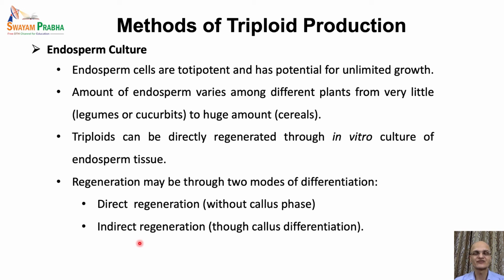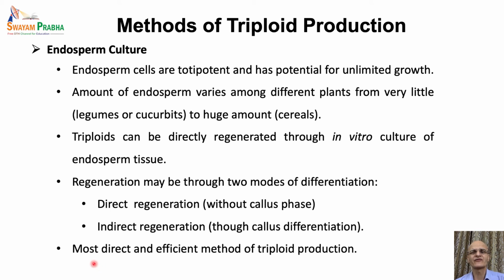That is, it follows the indirect mode of regeneration. And from immature endosperms, both types of regeneration pathways have been observed. Endosperm culture is one of the most direct and efficient methods of triploid production.